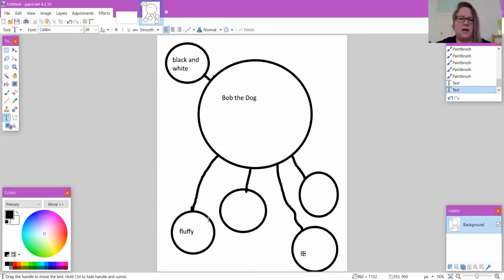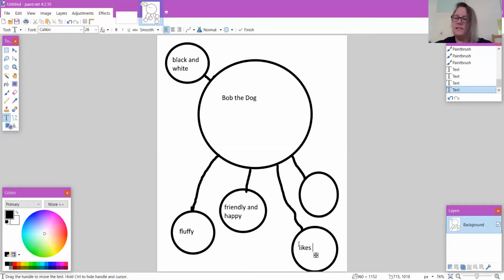Let's see here. I am going to think, what else can I say? Oh, Bob the dog, is he a mean dog or a nice dog? He's a friendly dog. I am going to say he is a friendly and happy dog, not a mean, grouchy dog. And let's see what else.